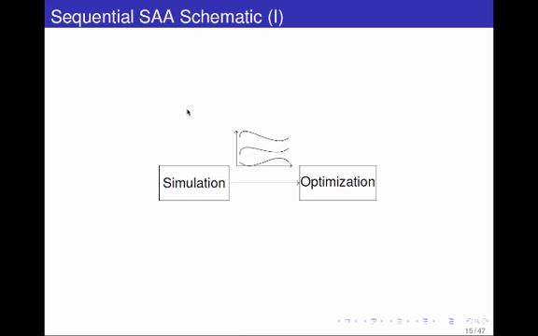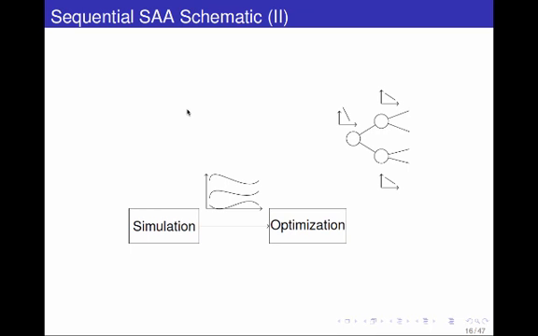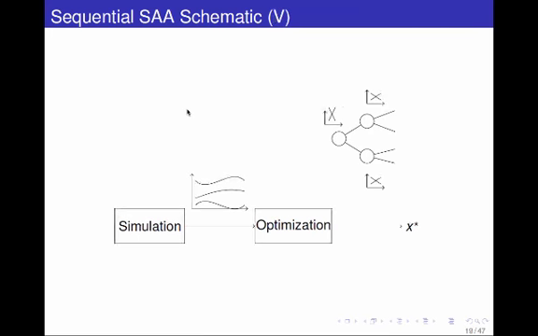First, we simulate a bunch of things that could happen. We optimize for those things, and we generate cuts. In SAA, we would just run this until convergence and report the x as the optimal. Here, we're going to do something different. We're going to generate cuts based on this sample, and then we're going to erase this sample and create a new one and generate new cuts. And we're going to do that a bunch of times until convergence.